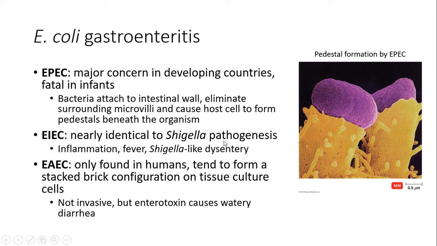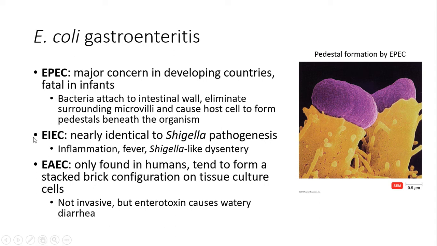For enteroinvasive E. coli, as the name might imply, it's going to invade, it's going to kill some of those epithelial cells and dig a little bit deeper. It's nearly identical to Shigella in terms of its pathogenesis, and it will include things like inflammation, fever, and a Shigella-like dysentery.